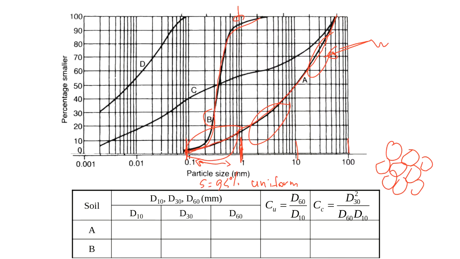But again, without a proper test, it's very difficult to give the correct answer. So you can kind of guess. If the particles are the same size, like clean beach sand, that's probably a good example of a uniform material. You see those big particles of sand and you don't see much of the fines and gravel. So you know it's going to be that.